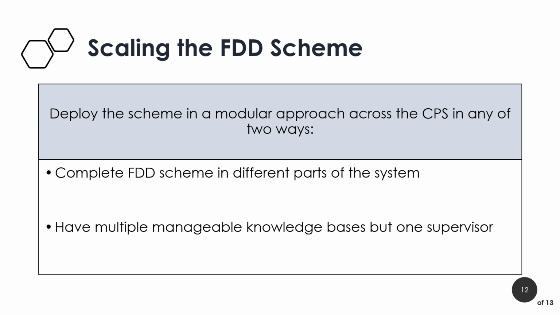Another way will be to split the knowledge bases into smaller manageable units across the entire cyber physical system. Then we have one supervisor coordinate the activities between these several knowledge bases and the discrete event control software.